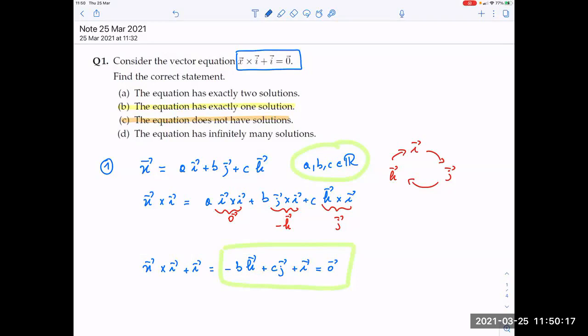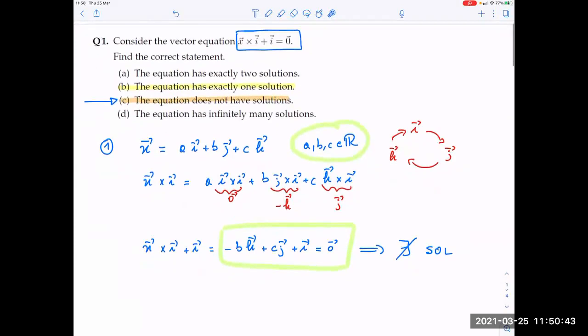The conclusion is that no solution exists. So the right answer is this one. Okay, the equation does not have solutions. Okay, because a is not appearing in what is written in the green box, so it's playing no role.